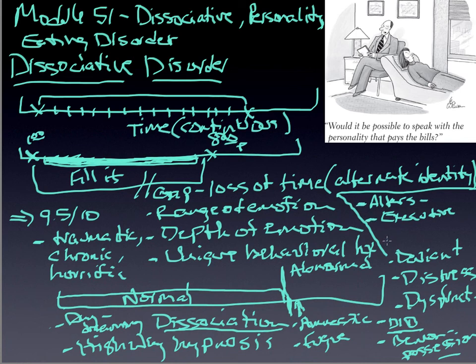The loss of time, already mentioned. How do they go from one personality to another? Another term we use is that they switch. So they'll switch from one to another. Sometimes we refer to it as a swoon switch. So their head kind of drops like they're swooning, and then they come back up and they're another personality altogether. So those are a few other terms. I'll explain more in class so you can have a better understanding of how this all works. Now, let's turn our attention to personality disorders.